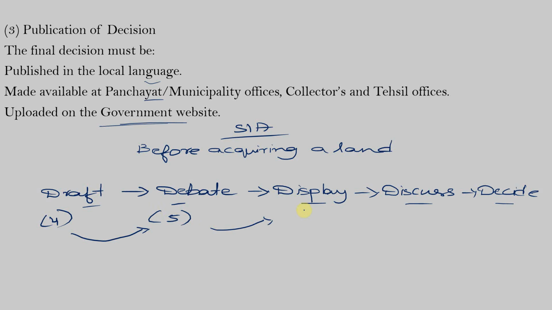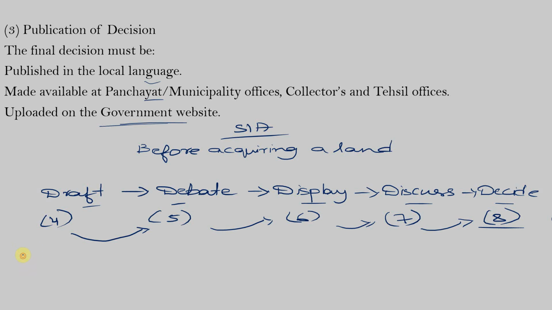Then it is displayed to the public under Section 6, and then the SIA report is sent to the expert committee for discussing, and lastly the government will make the decision under Section 8. So this is the simple way of remembering the procedure for conducting the social impact assessment.